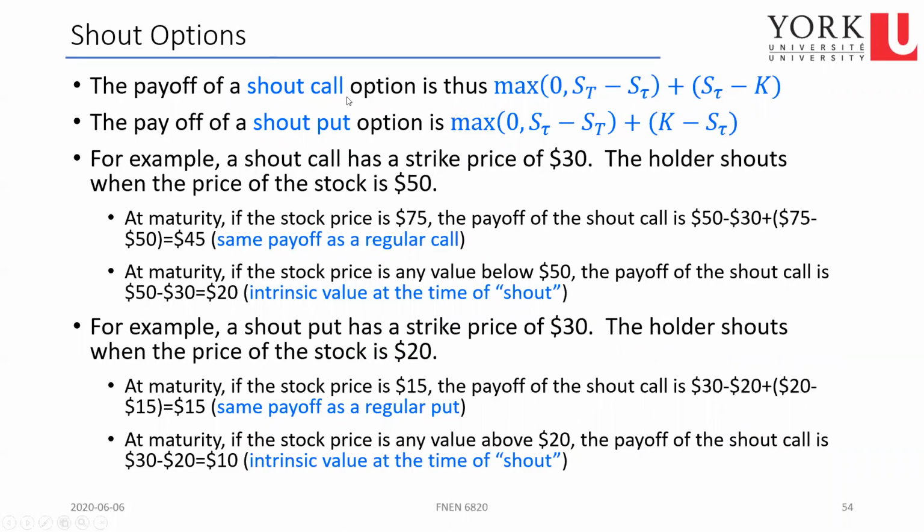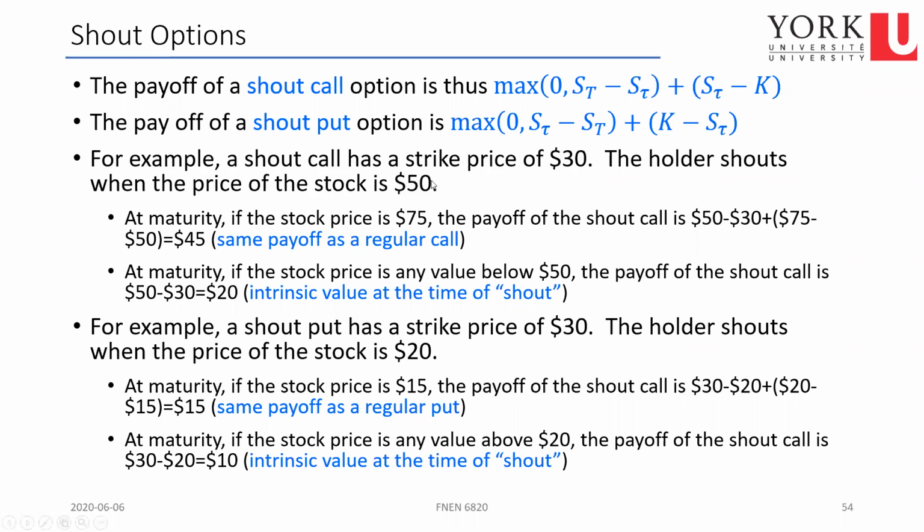Now, the payoff of a short option is this. Then we can see some numerical examples. Let's say the short call has a strike price of $30, and the holder shorts the call when the stock price is 50.